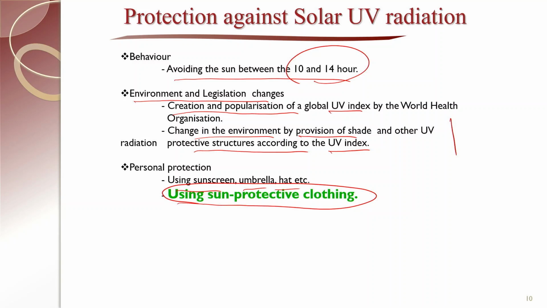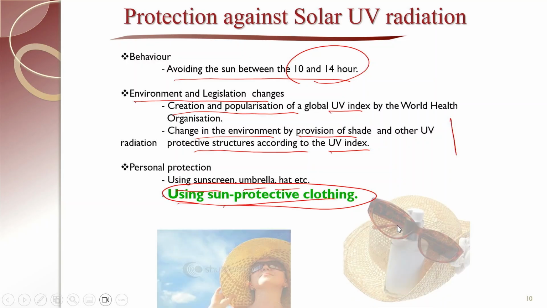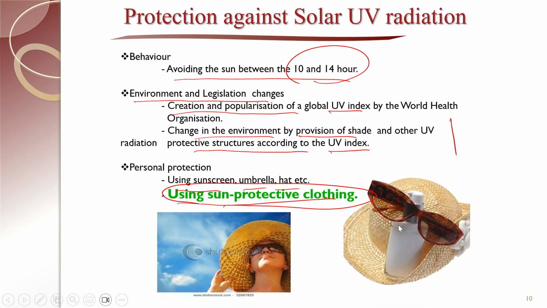So, we do not need any additional cream or any chemical to be applied, and it is for long term use, and it will give consistent UV protection. That is why sun protective clothing is the solution, and these are the different types of personal protection.